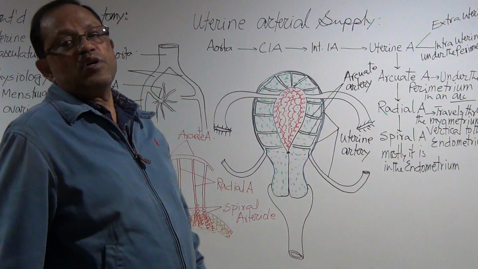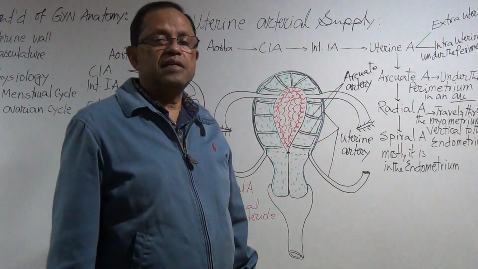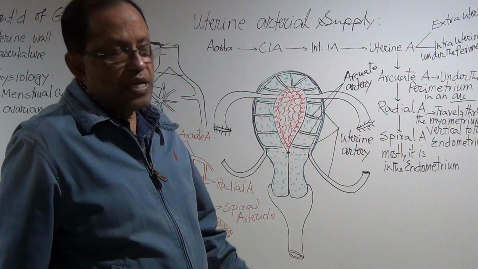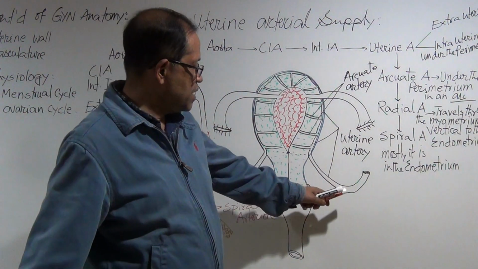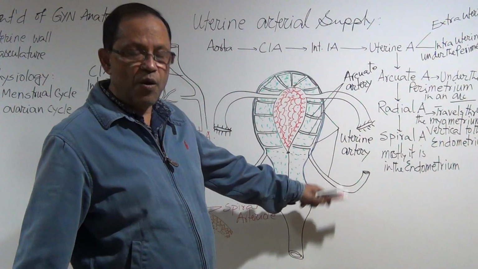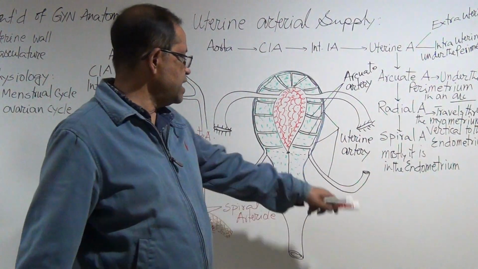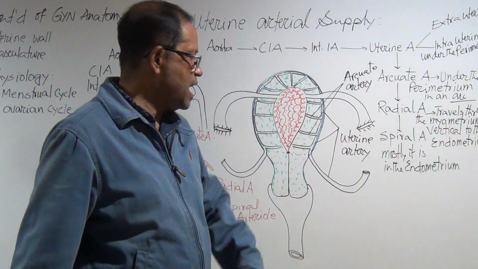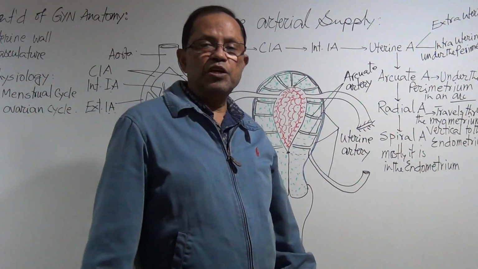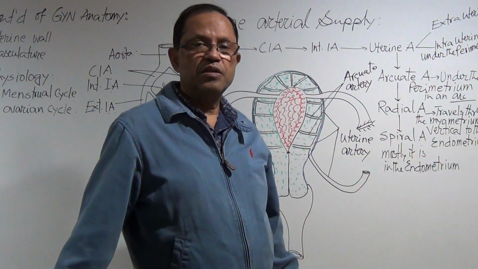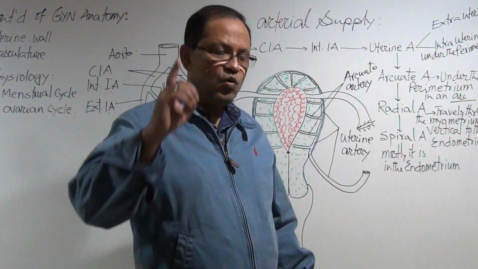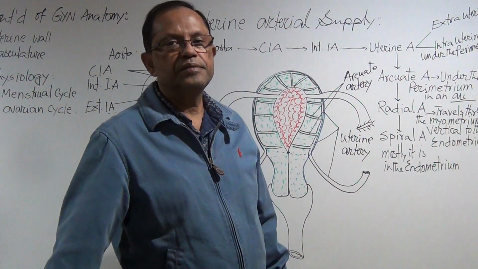Radial artery can be compressed by the tumor. Okay, so there might be some occlusion, obstruction, compression of the radial artery on both sides. Yeah, uterine artery on both sides. There might be some occlusion or compression in the internal iliac artery, the hypogastric artery. We have to understand that.